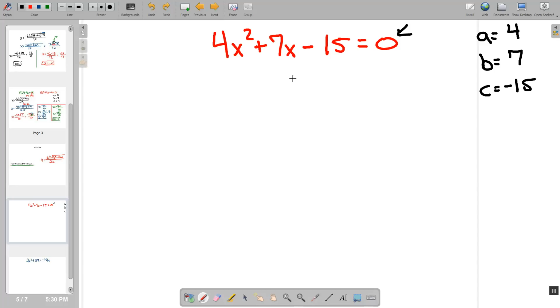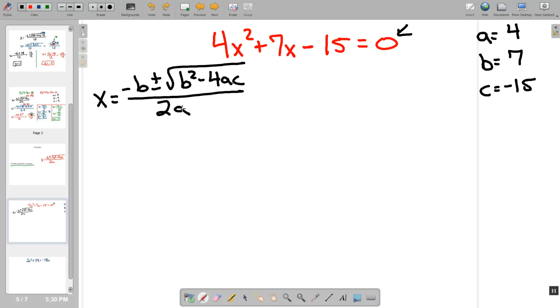From here, we need to write down the quadratic formula, which once again is x is equal to opposite b plus or minus the square root of b squared minus 4ac all over 2a. And now we should plug in our a, our b, and our c value using the quadratic formula.